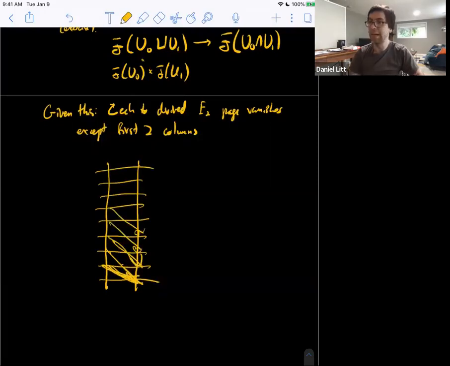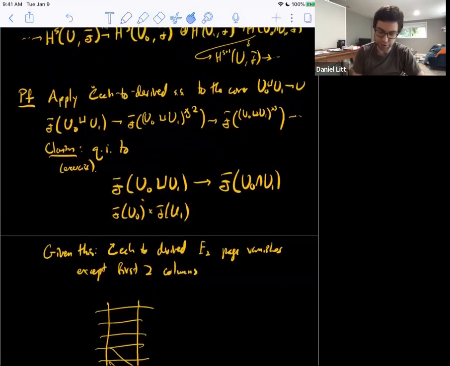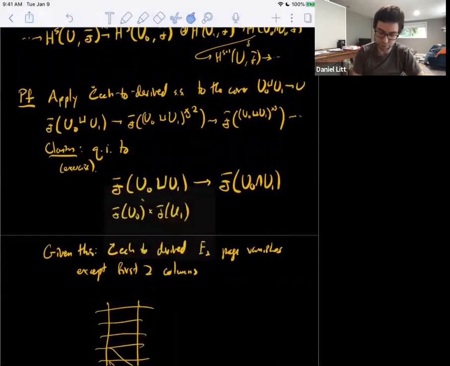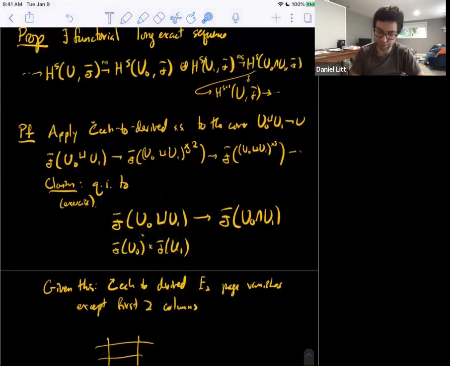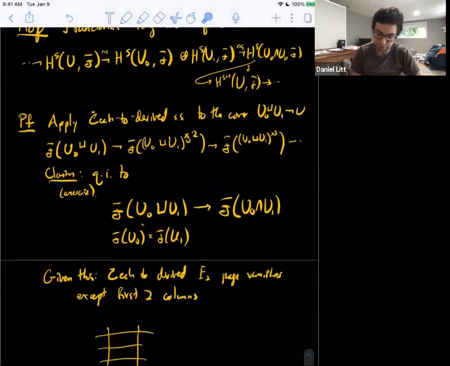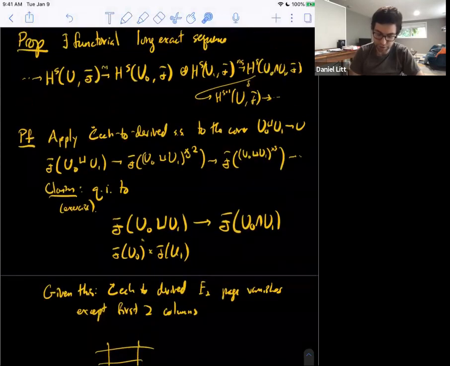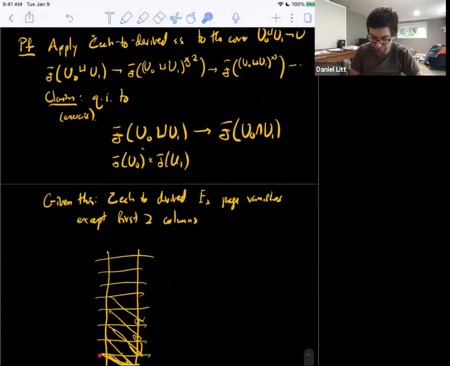If you just write down what it means that you're computing the spectral sequence, these differentials will be exactly the differentials in this Mayer-Vietoris spectral sequence. So let's just look at H1 here. It's going to be something built out of this diagonal of slope 1.